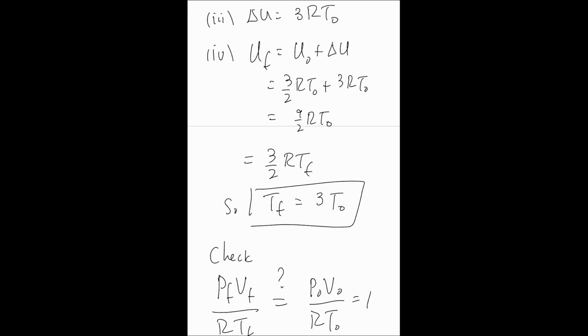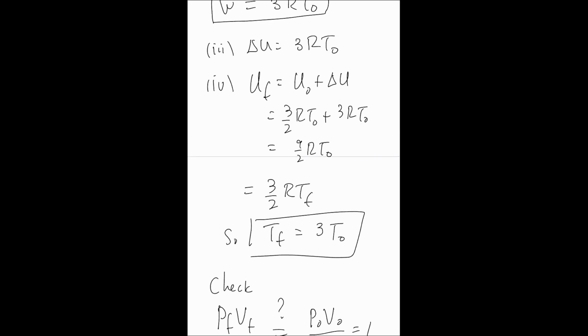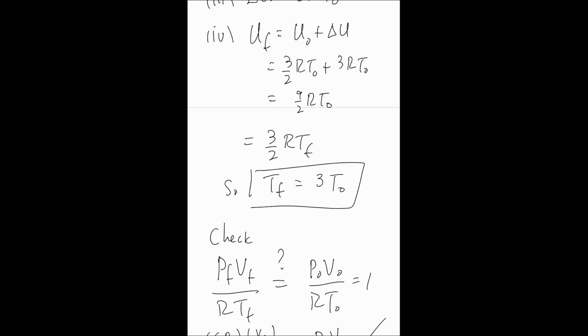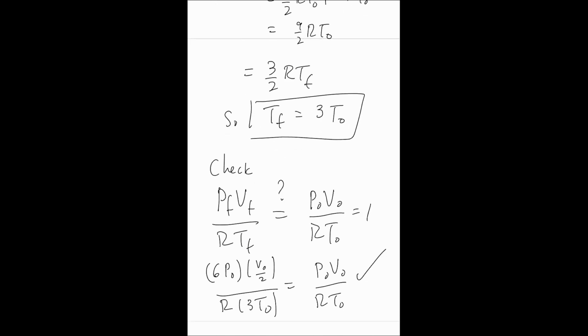So I substitute that in, and I can find the final. U sub final is 3/2 RT sub final, and so if delta U is 3 RT naught, I can find my final energy, which is 3/2 RT naught plus 3 RT naught, which is 9/2 RT naught, which is 3/2 RT final, so the final temperature is 3 times what it was initially.